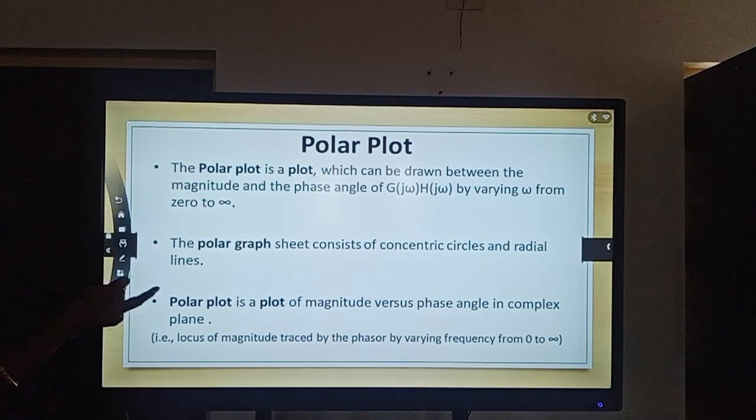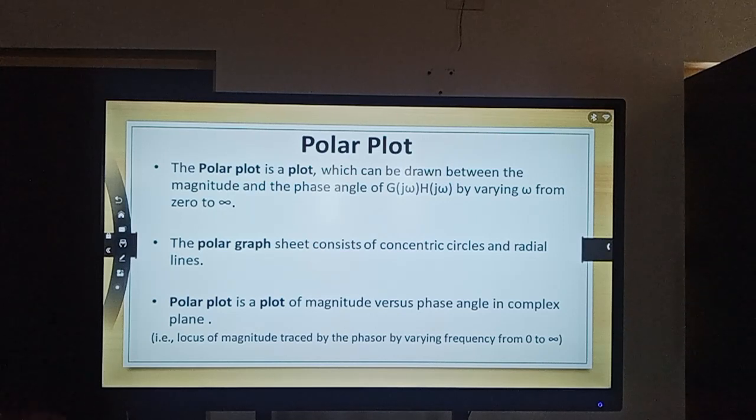For positive degrees, upwards we will say plus 90 degree, then towards the opposite side plus 180 degree, and downwards plus 270. I am saying it in the anti-clockwise direction: 0, 90, 180, 270, again 360, a complete circle. In the clockwise direction it will take us to minus 90 towards the downside, minus 90, minus 180.